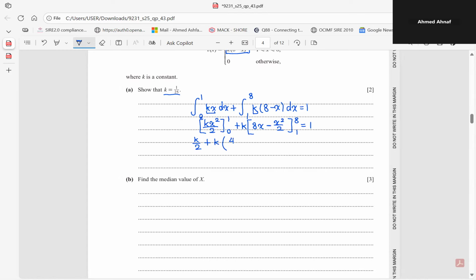So you get 49 over 2 k. Adding these up, you'll get 25k equals 1, 50 over 2 k, and hence you get k equals 1 over 25.